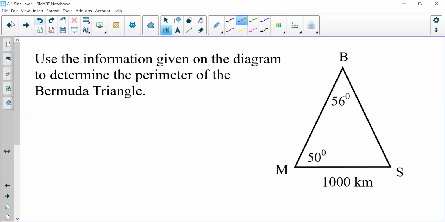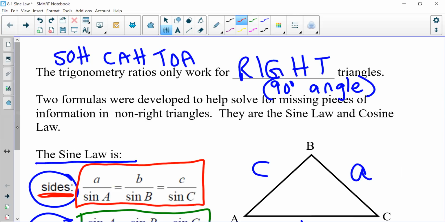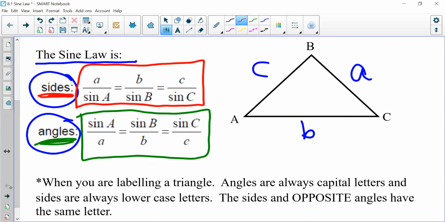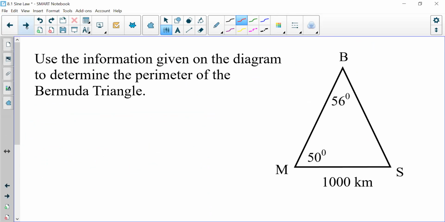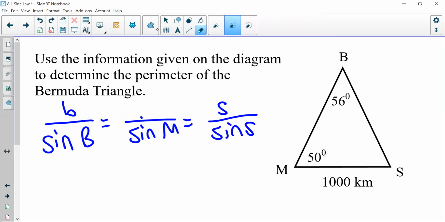So instead, what we're going to do today is use sine law. I'm going to flip back here for a second. Am I solving for sides or for angles? Sides. Now my triangle is not labeled ABC, but that's easy enough. I can just change it to B, M, and S. So I'm going to rewrite it like this: side b over sine of B, m over sine M, and s over sine S. Let's plug in everything that we know.